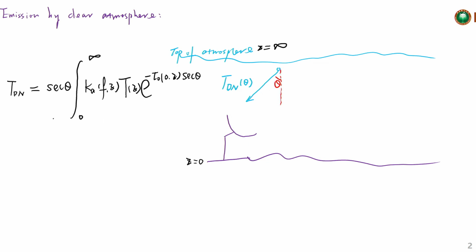So this is the expression for the downward emission by the atmosphere.